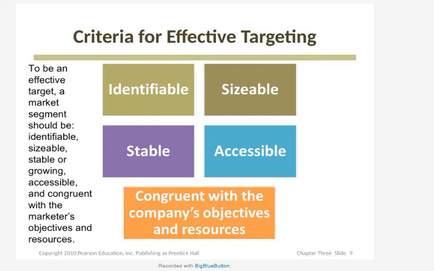If these conditions are applied, we can say that our targeting is very effective. In order to have effective targeting, the market should be identifiable, it should be sizable, it should be stable, it should be accessible, and it should be congruent with the company's objectives and resources.